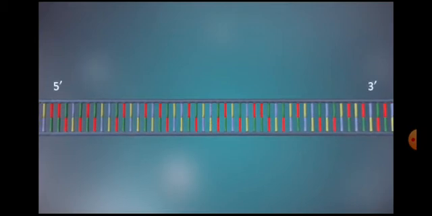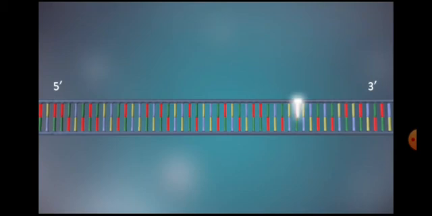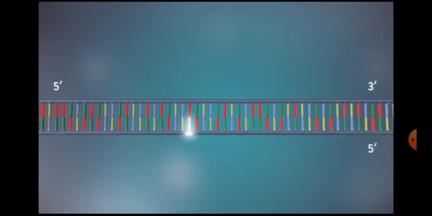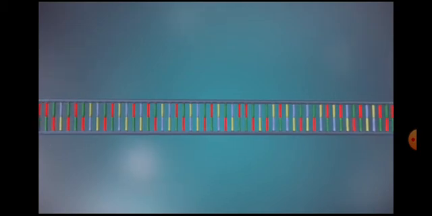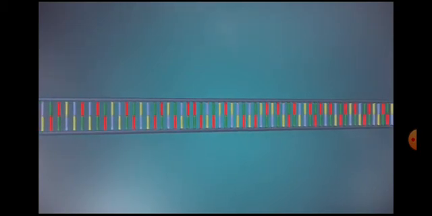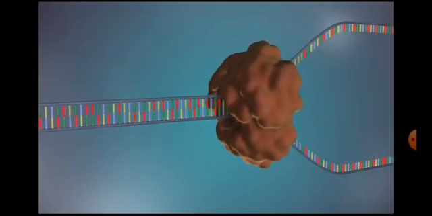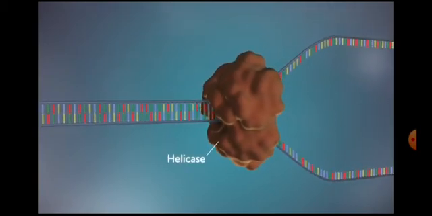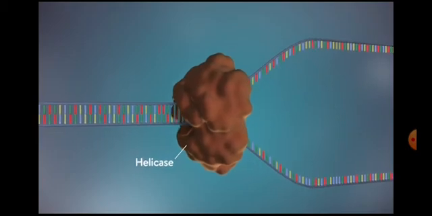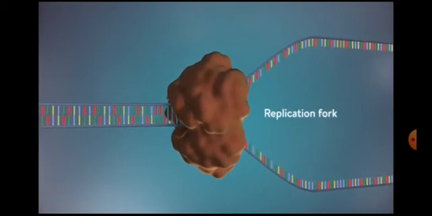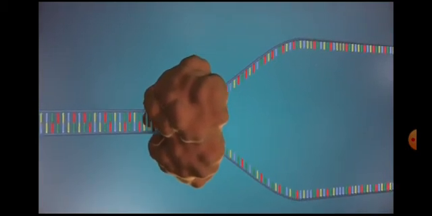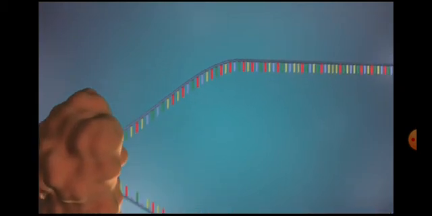There are two ends, the 5' end and the 3' end, and they are anti-parallel to each other. The first step is separation of the two strands. This is done by the helicase enzyme, so there is formation of a replication fork.